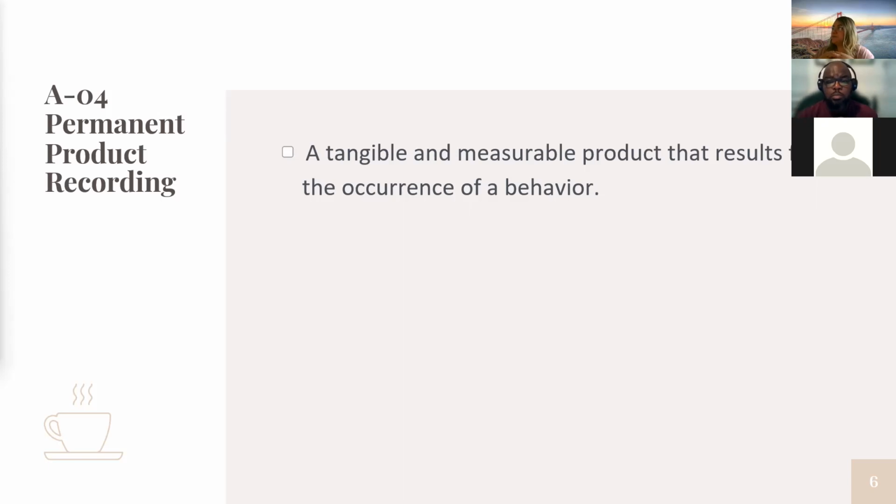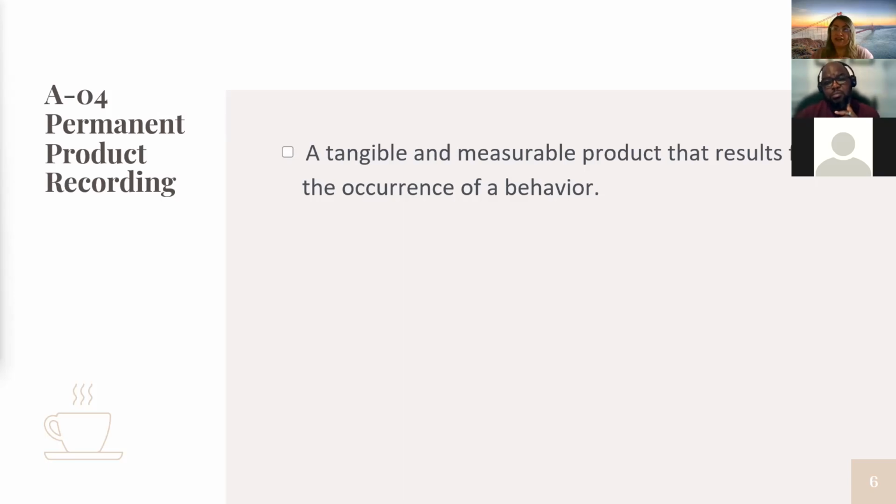So a measurable product that results from the occurrence of a behavior. An example of a permanent product can be the number of worksheets that he completed, the number of clothing items that he folded. And so that's how we can take our data.